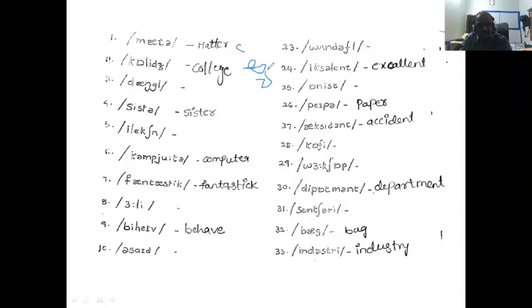Some extent of a y sound will be there. So then what happens up to here? It is mae. Okay, it is mae. It is not mah. It is mae. Why is it mae? Because it has some y sound. So that's why it is mae.